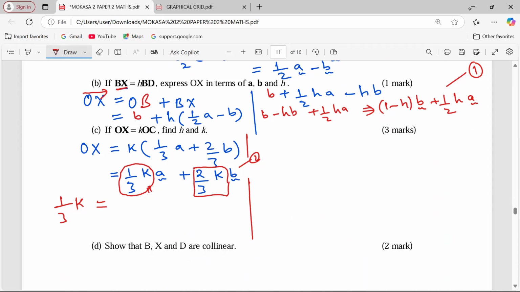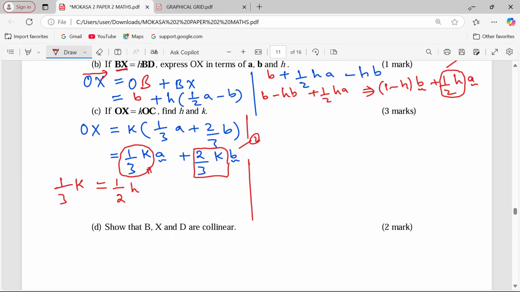So in equation 1, the coefficient of vector A is half H. That way, H can be expressed by multiplying by 2 through 2 over 3 K. You multiply by 2 and by 2 to remain with H. Now this becomes our equation Roman 1.